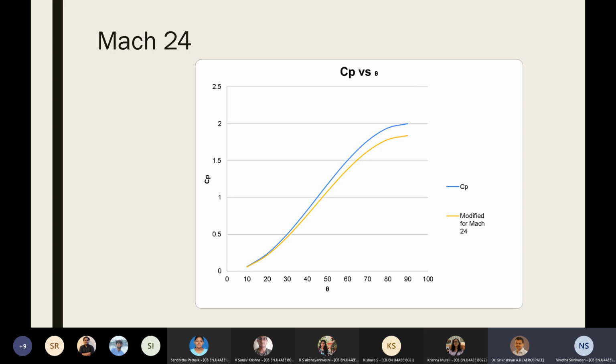For the straight Newtonian method, I think it's 2 sine squared theta. I'm not talking about the relation. I'm talking about the observation, what you conclude from the graph. For lower values of theta versus higher values of theta, how is Mach number influencing CP?